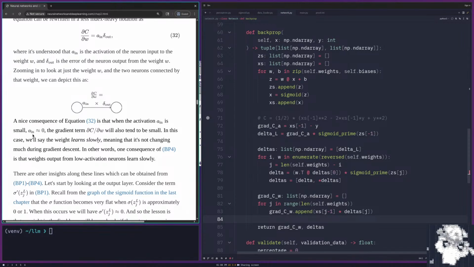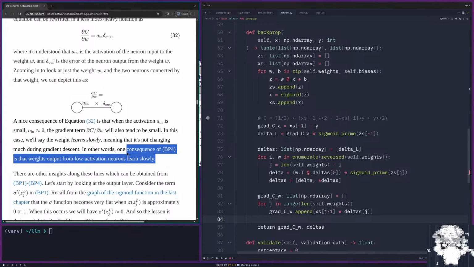There are other insights along these lines. So I understand that. The derivative of the cost function with respect to weights is equal to the activation of some neuron times the delta of that neuron.